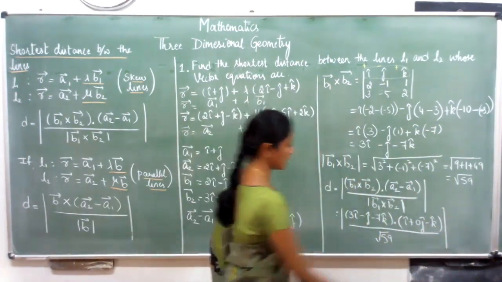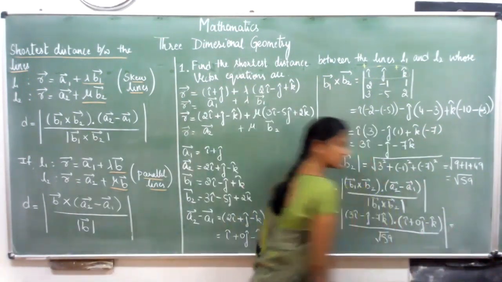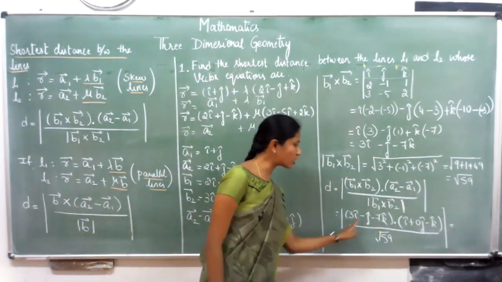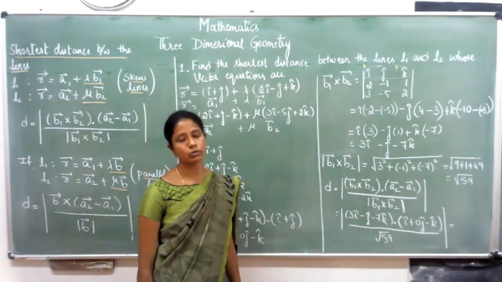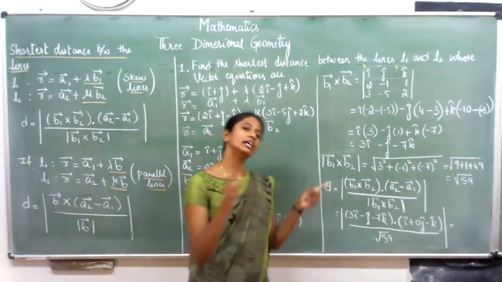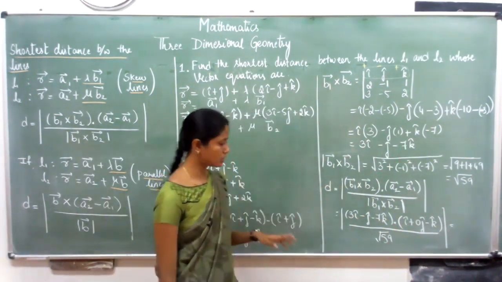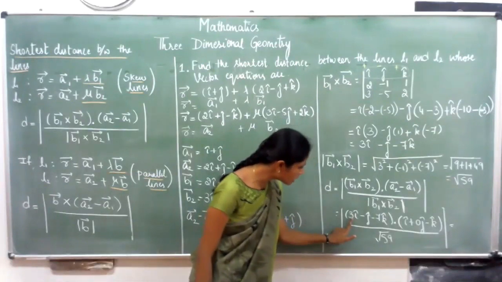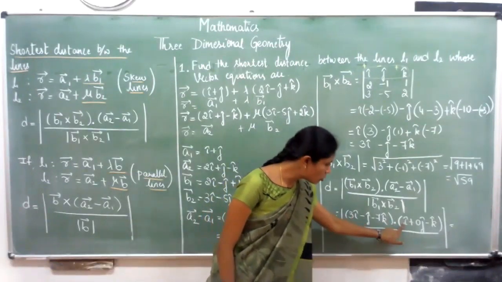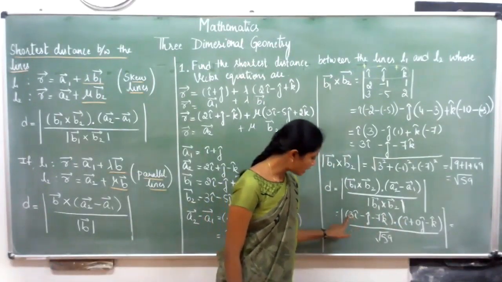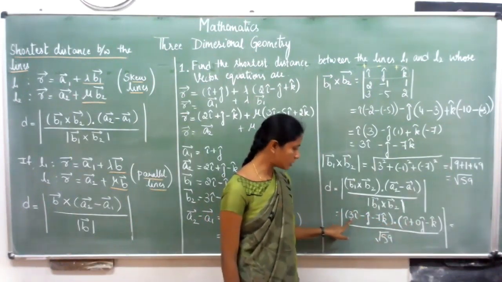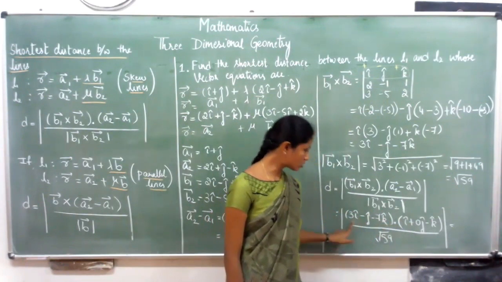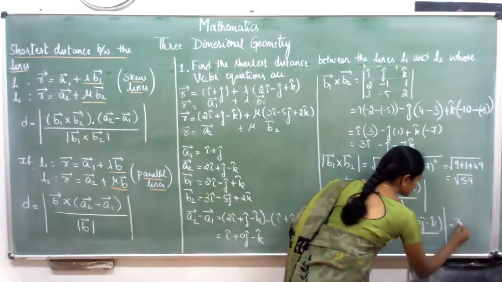So now we need to find the dot product between the two vectors. In order to find the dot product, what we usually do is multiply only the scalar components of the vectors. The i component with the i component: the coefficient of i here is 3 and here it is 1, so 3 into 1 which is 3.